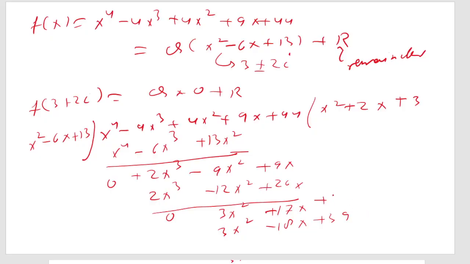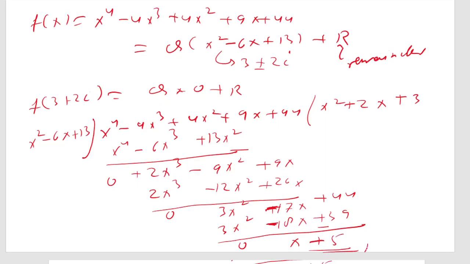By the way, 44 is also there, so I will subtract it. I will get 0, and the remainder will be x plus 5.